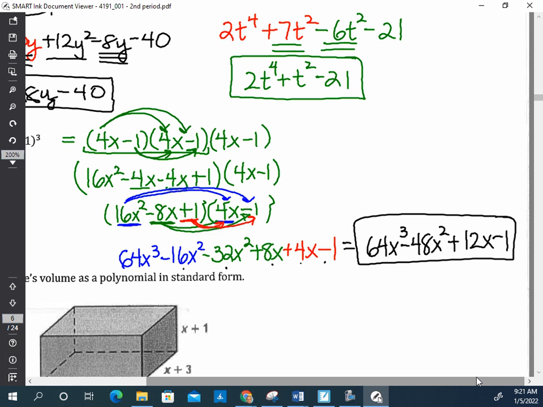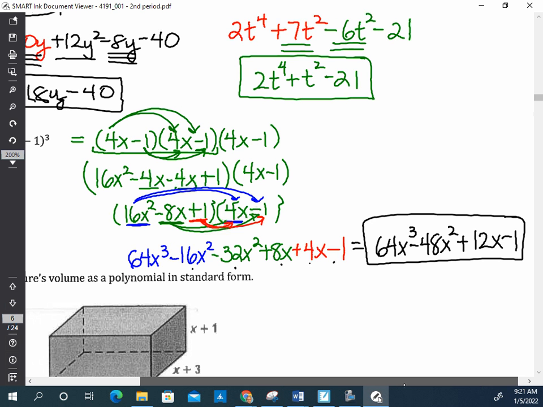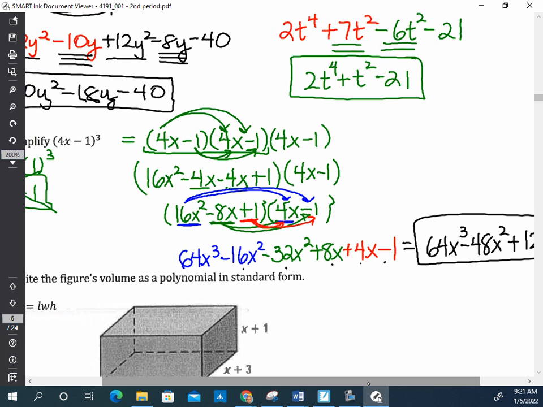Yeah, not a hard problem. You just got to put in a little work. So, just to recap, if you have a parentheses raised to the third power, you have to write it out 3 times. Take the first 2, multiply it out, and then take your answer and multiply it times the third one.